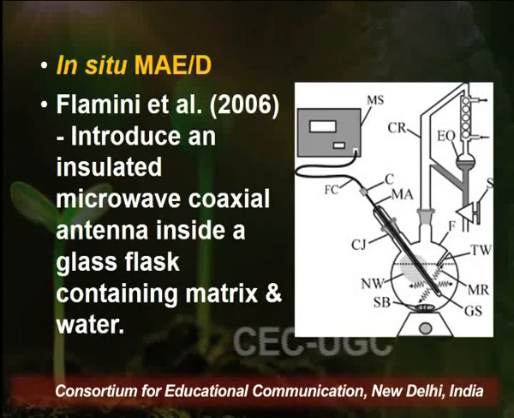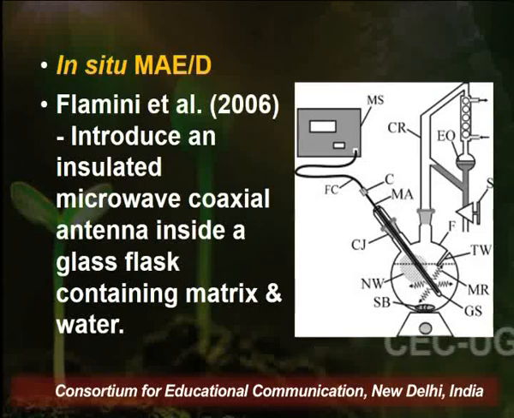So as you can see in the diagram, they introduced an insulated microwave coaxial antenna inside the glass flask, which causes the heating, and this type of heating was found to be more effective than the irradiation of the microwaves. But the major disadvantage was that the scale up of such in situ microwave assisted extraction is very difficult, because you need a larger antenna, a larger flask, and again you have to optimize many of the parameters.